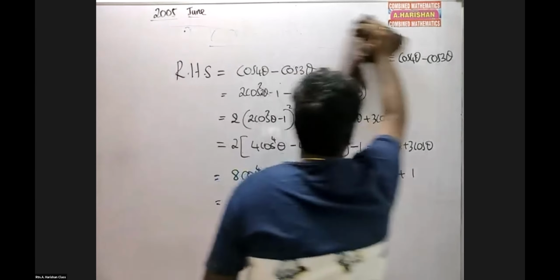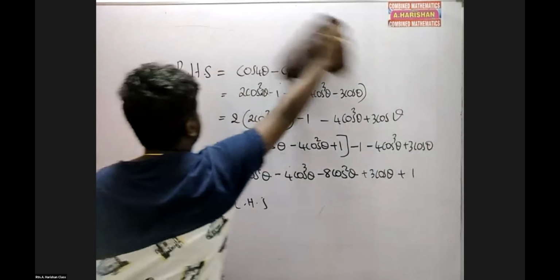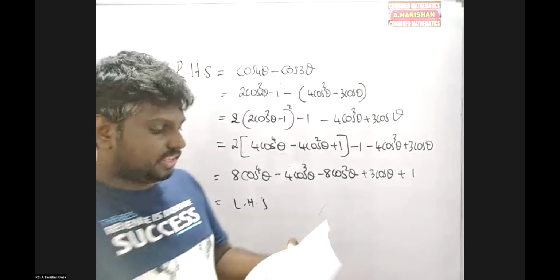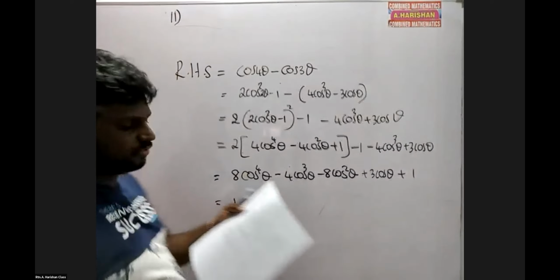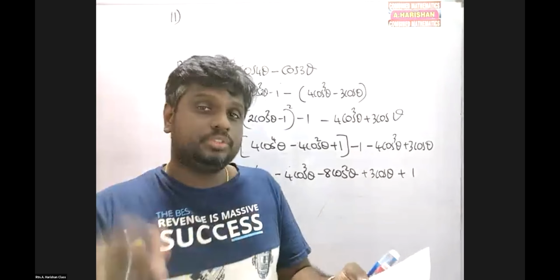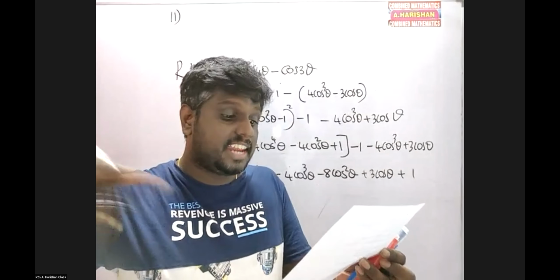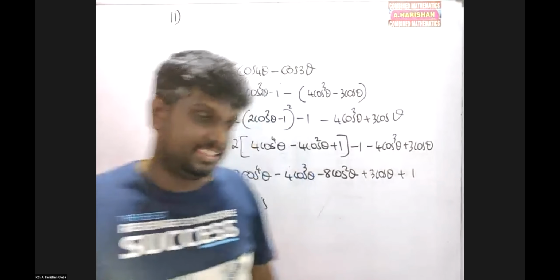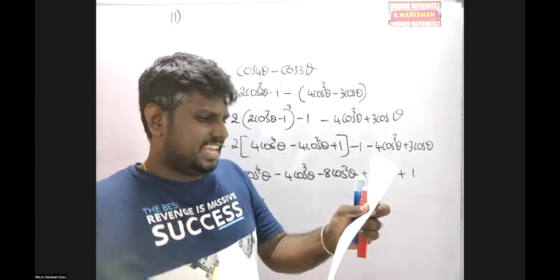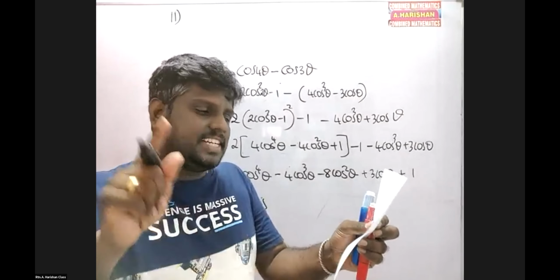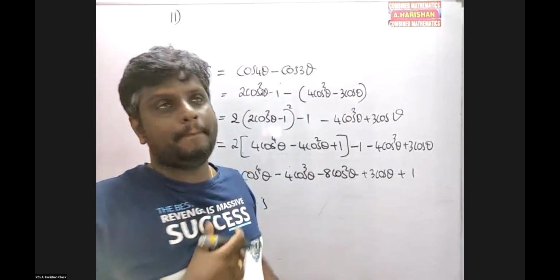Okay, guys. So this is the question now, so I can erase it. Okay, guys. So the next one, the second one, what do they say? Carefully read the question. You have to show that cos 4 theta equals cos 3 theta if 7 theta is an integer multiple of 2 pi.